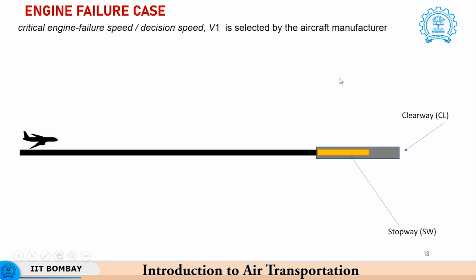This speed is communicated by the manufacturer to the airline, and it is a function of many parameters. So, let us see a standard case of engine failure. The aircraft has accelerated and suddenly for some reason at this point it realizes that it does not want to continue with takeoff.